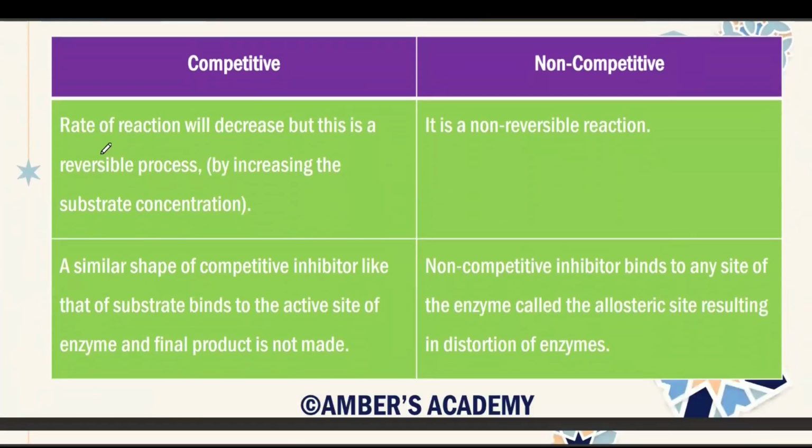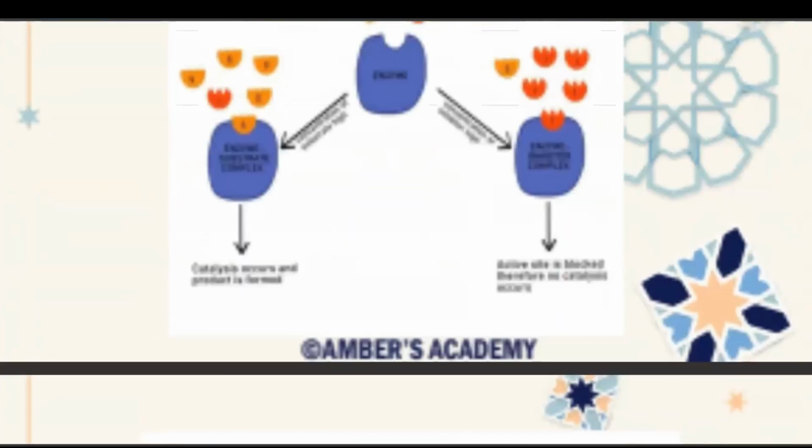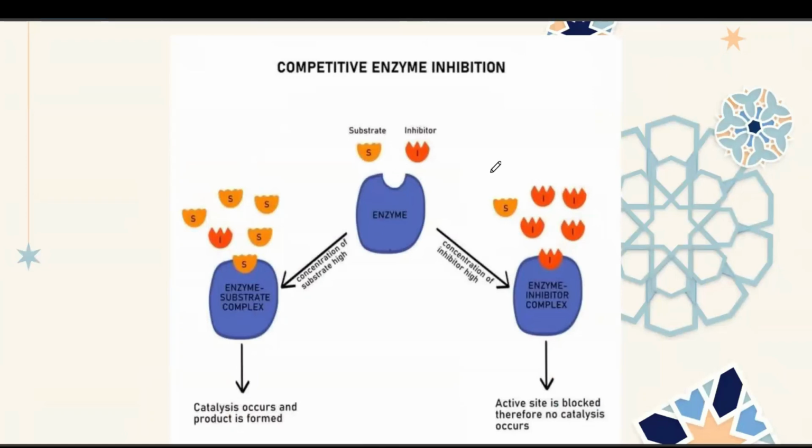Number one, competitive. Wait, let me show you this diagram. See, inhibitors are responsible to halt the reactions, right? So one thing that you would observe in competitive inhibition is that the inhibitor is of similar shape to that of the active site, meaning the substrate and inhibitor are complementary to the shape of the active site.